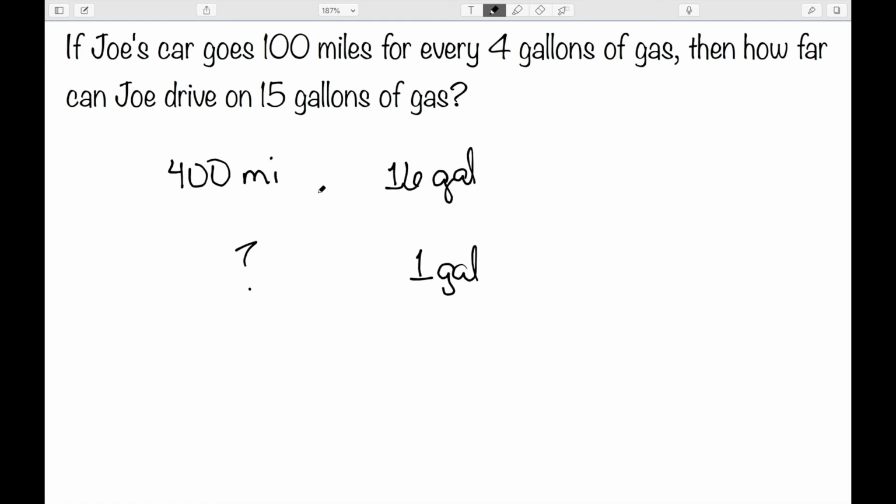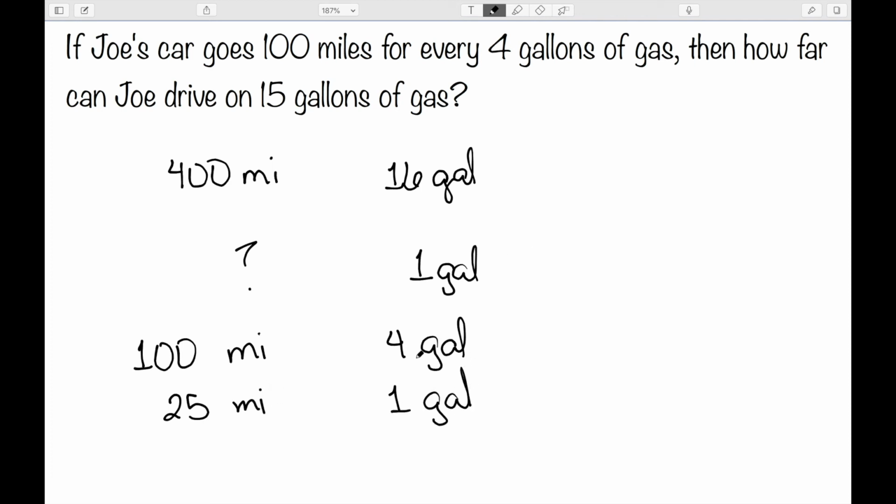Well, one way to do that is if we know 100 miles for every 4 gallons, and if we break this up evenly, we would have 25 miles for every 1 gallon. So every 1 gallon is 25. So if 16 is 400, then 15 gallons will be 400 minus 25, or 375 miles.